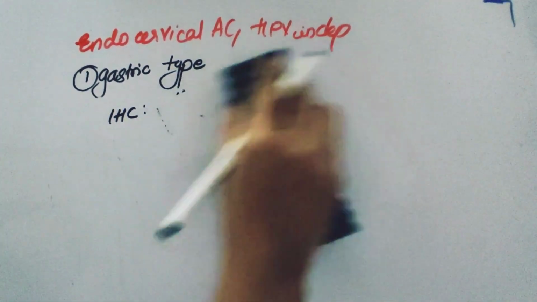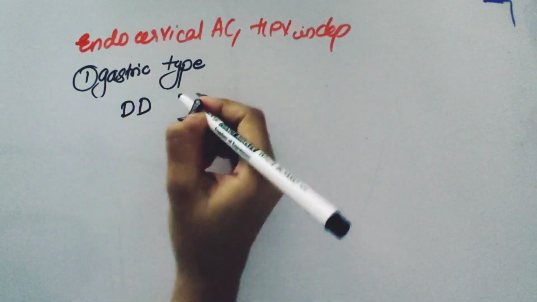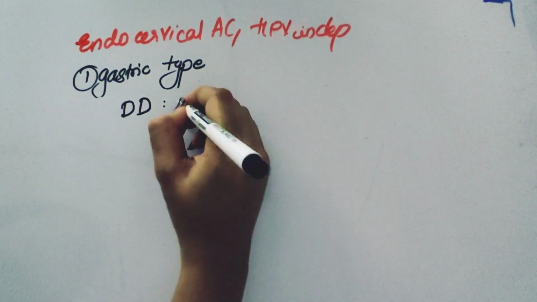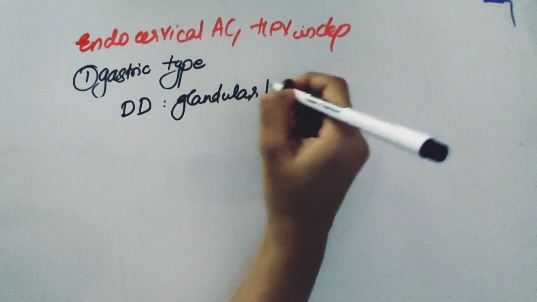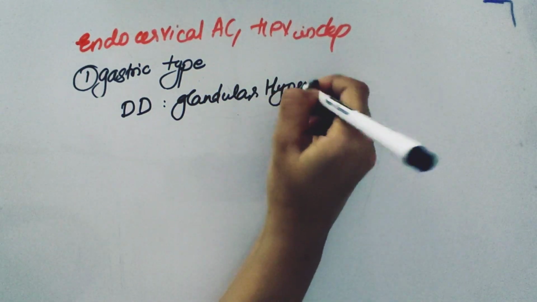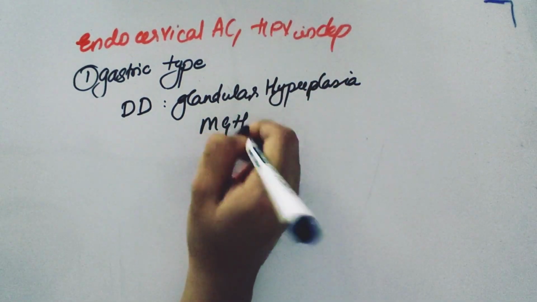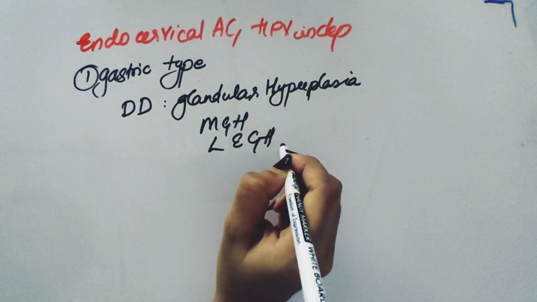So after the stains, we will be talking about the DDs of the gastric type of endocervical adenocarcinoma. In that you will have the usual benign glandular hyperplasia, which will include microglandular hyperplasia and lobular or laminar endocervical glandular hyperplasia.